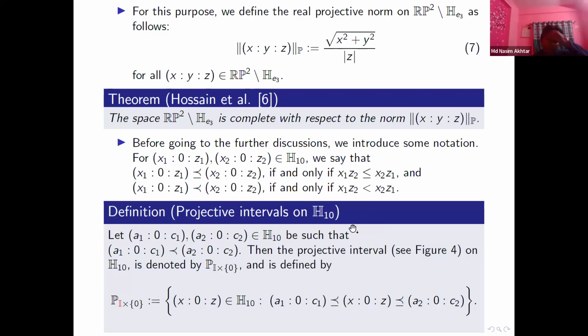So this is the definition of projective intervals on H10. Let (a1, 0, c1) and (a2, 0, c2) belonging to H10 be such that (a1, 0, c1) is less than (a2, 0, c2). Then the projective interval on H10, denoted by PI cross 0, consists of all such (x, 0, z) from H10 that lie in between (a1, 0, c1) and (a2, 0, c2).